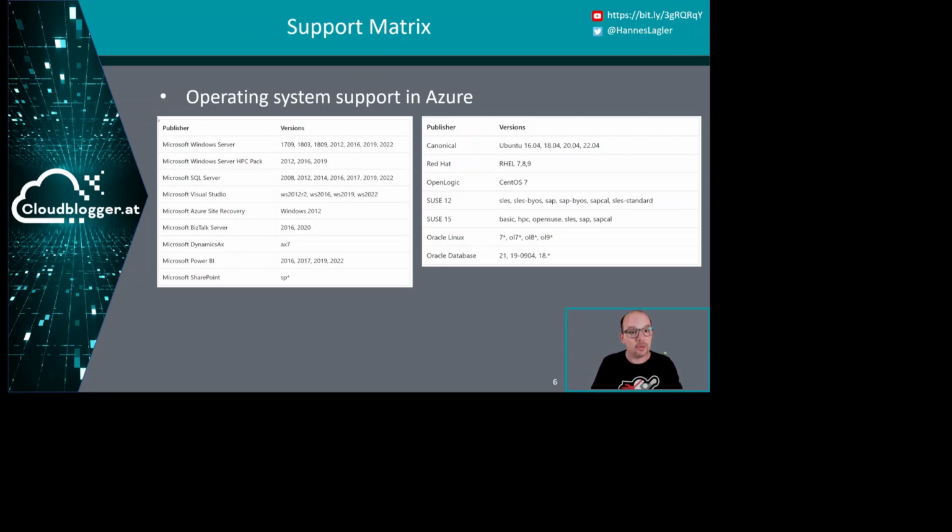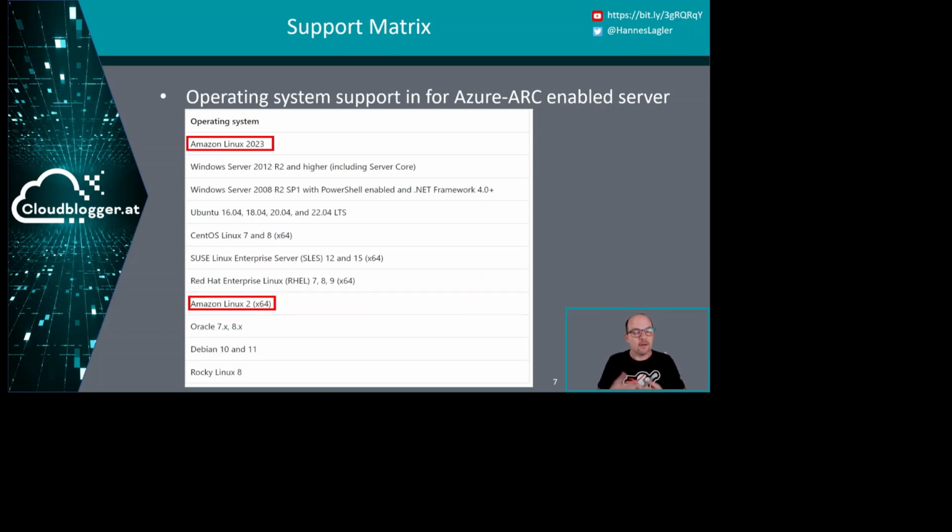This is also supported. Microsoft Windows OS is supported, of course, also from other hyperscalers. When we think about Amazon Linux, we have the ability to update Amazon Linux 2023 or Amazon Linux version 2, the x86 version.